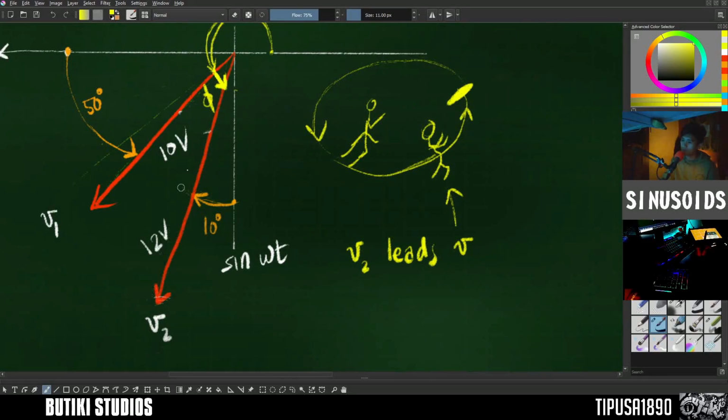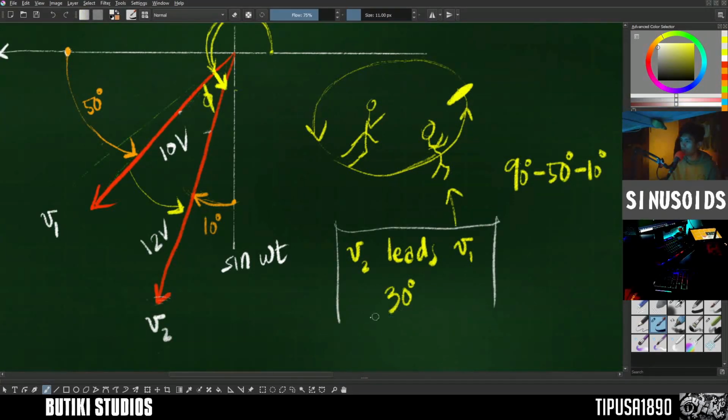So nag-una man ang V2, nag-una siya by this angle, which is 90 minus 50 minus 10, so 90 degrees minus 50 degrees minus 10 degrees is equal to 30 degrees. So V2 leads V1 by 30 degrees, and this is your answer sa katapusan.